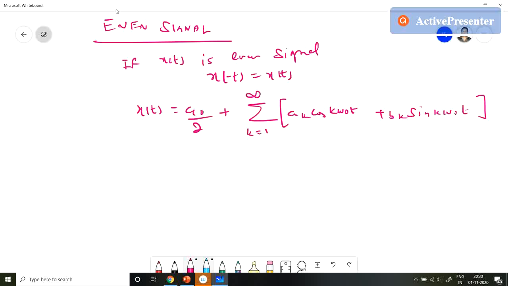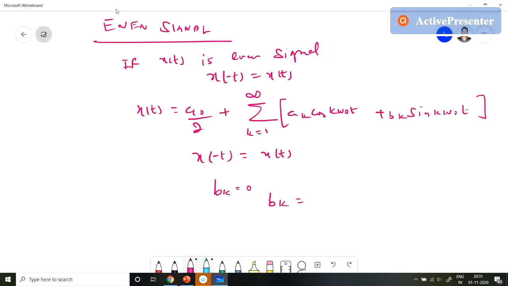Now if x of minus t is x(t), what we can find is that the coefficient bk will be equal to 0. The first thing is that bk is equal to 0. Because what is bk?